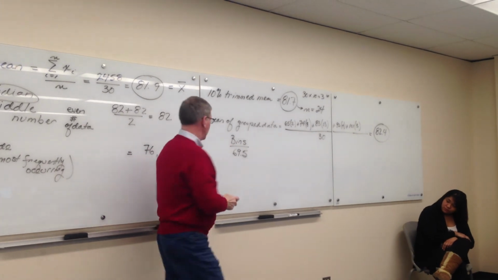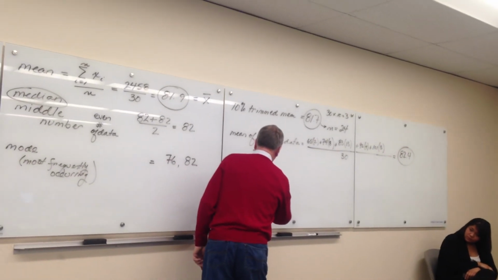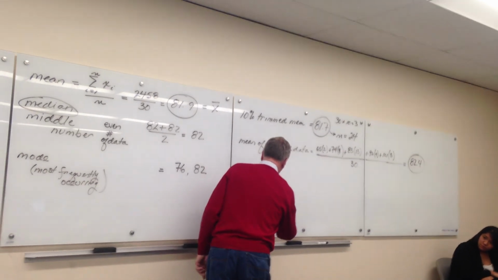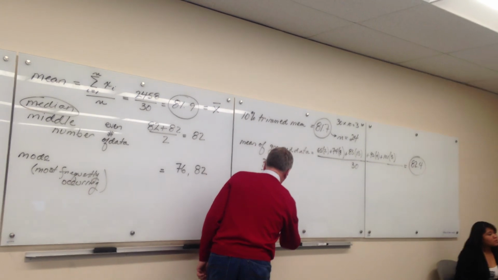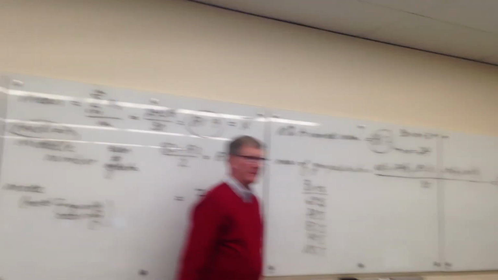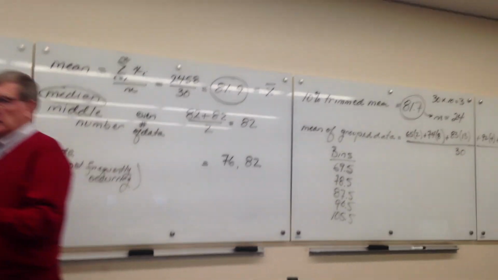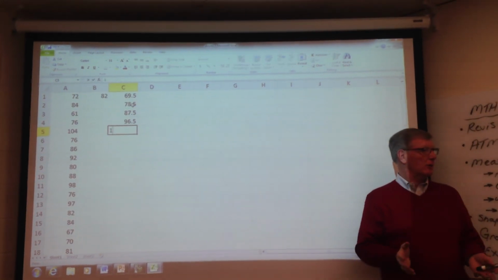The next one is 78.5, 87.5, 96.5, and 105.5. 1, 2, 3, 4, 5. We're going to use them to tell Excel what our upper boundaries are for our categories.